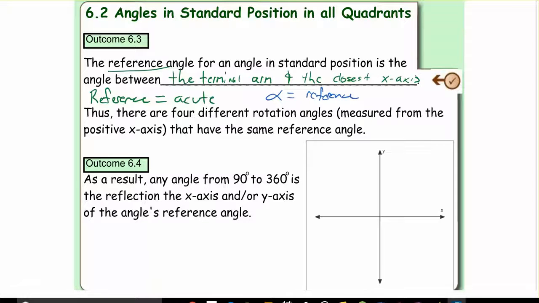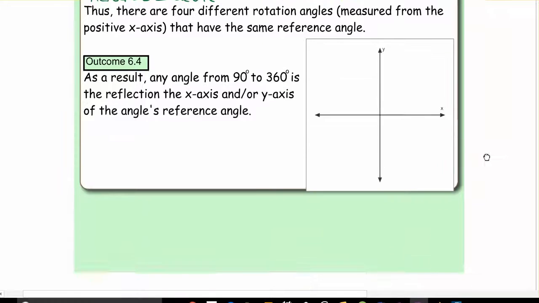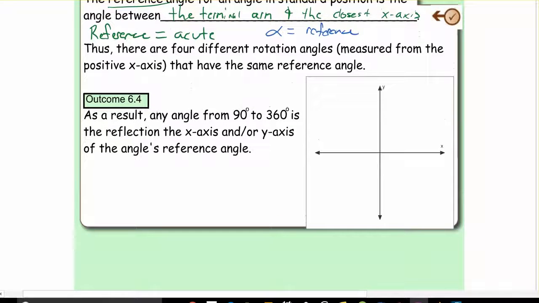A little relationship that I want you to be able to see here. If we had an angle, let's say here, and this is from our x-axis on this side, coming up like that, we could say this would also be our reference angle.